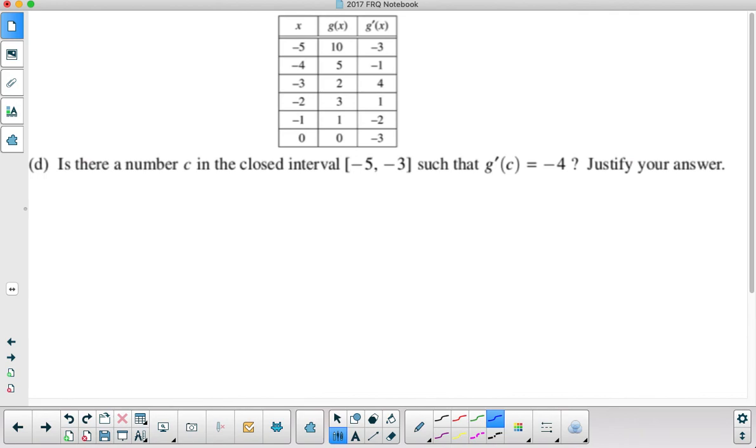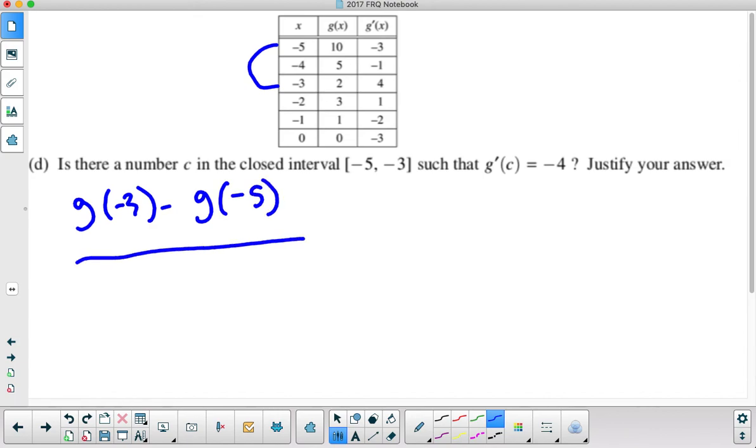Last one. Is there a number c in this closed interval such that g prime of c is equal to -4? So what we need to do is look at our values from negative 5 to 3. So that's going from here to here. Is there a slope? So the first thing I think of is, let's see what happens with the overall average slope. So I say g of negative 3 minus g of negative 5 over negative 3 minus negative 5.